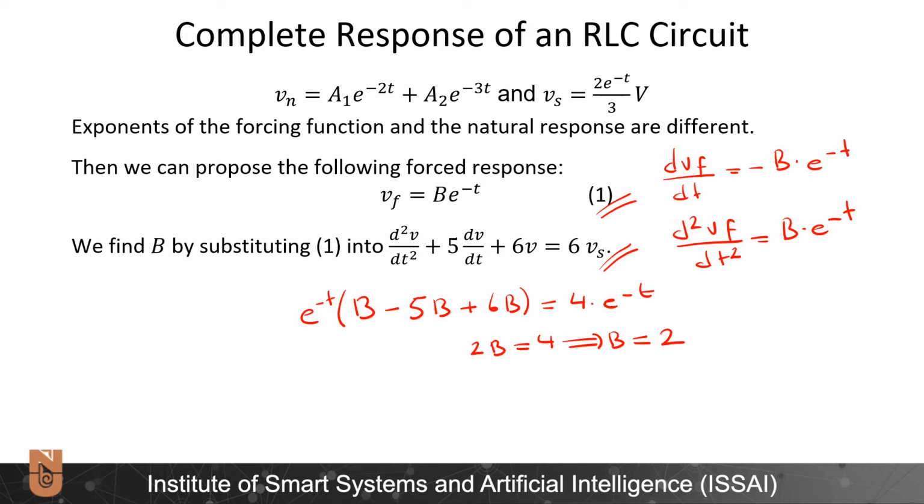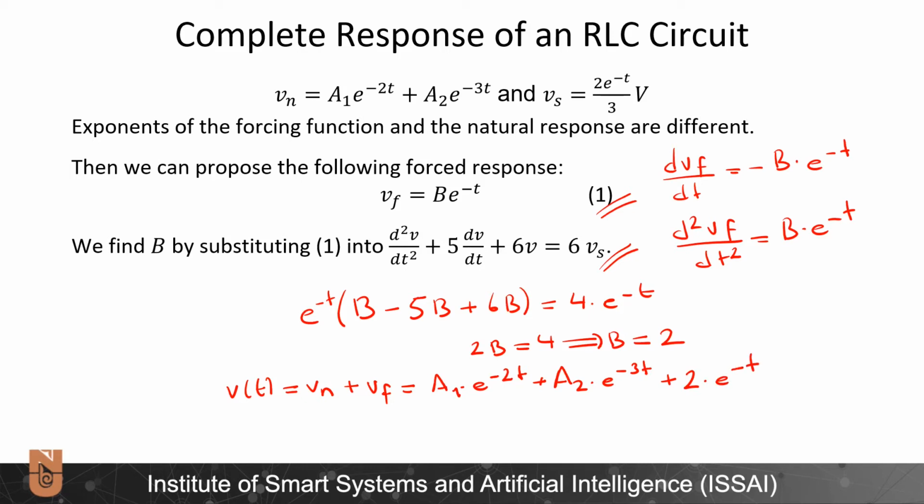Now I can write the whole response of the circuit as the sum of the natural response plus the forced response, and that will be equal to a1 times e to the minus 2t plus a2 times e to the minus 3t plus 2 times e to the minus t.